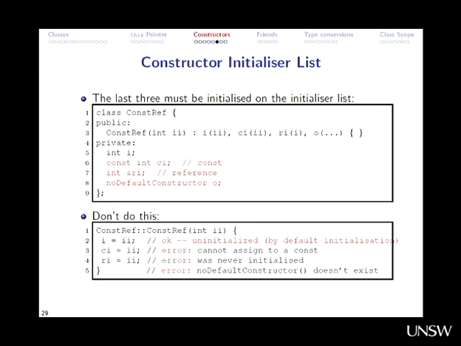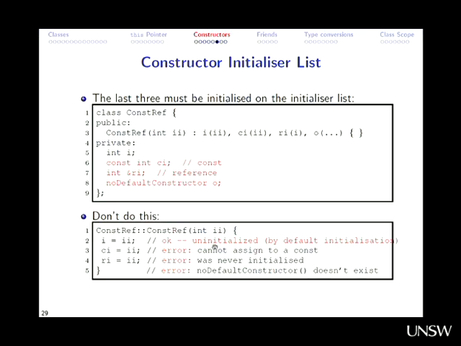You can't write a function or constructor that looks like this. No initializer list, go into a body. The first line works because it was uninitialized. So int i works here, passing an ii, that's fine. ci, which is a constant, can't be assigned because it's already been initialized before you got to this line. So this const int ci was fine to be initialized up here.